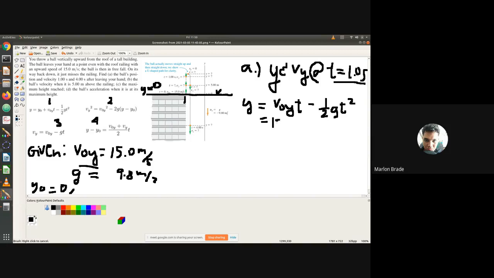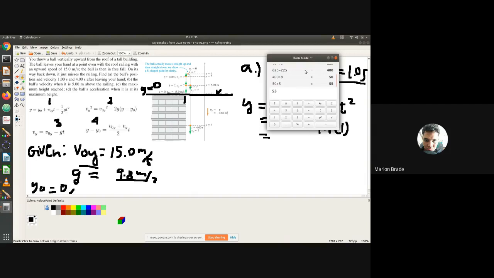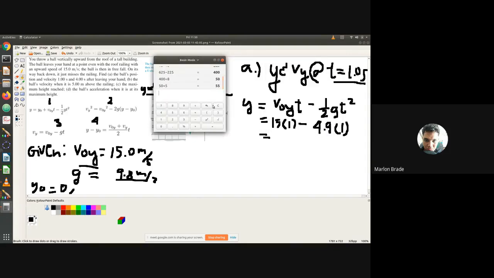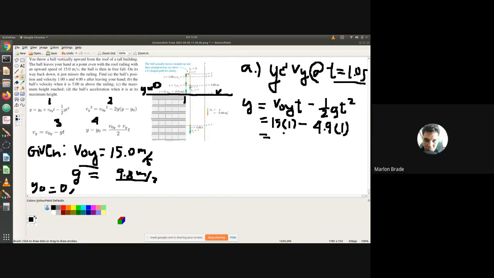So 15 times 1 minus 9.8 over 2, so that is 4.9, times 1 squared. So this is equal to 15 minus 4.9, and that is equal to 10.1. Positive 10.1.